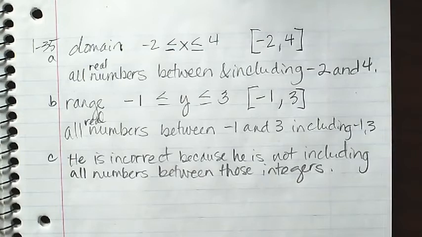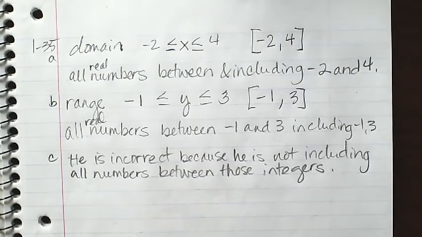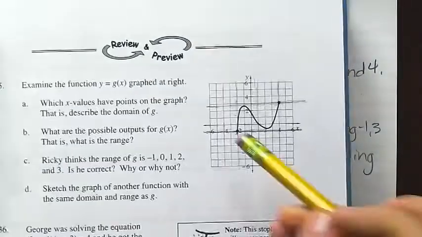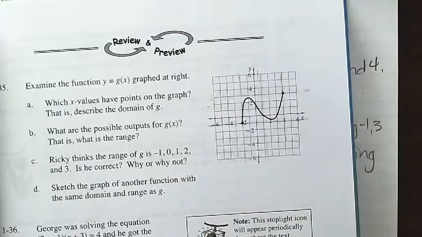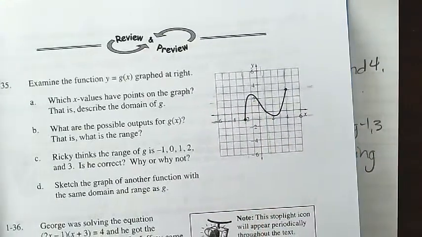He should be including all of the numbers between those integers because the graph is continuous. If it was discrete, then he would be correct. If it was just those points and not the continuous line, then that would be correct.